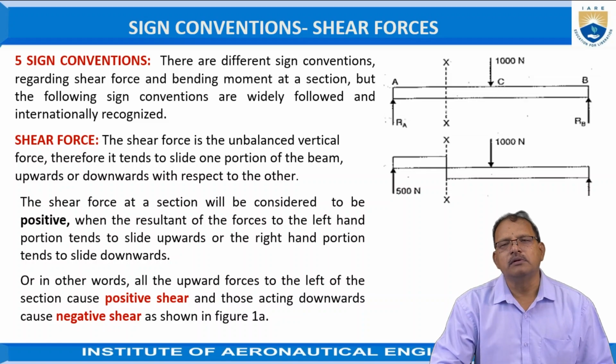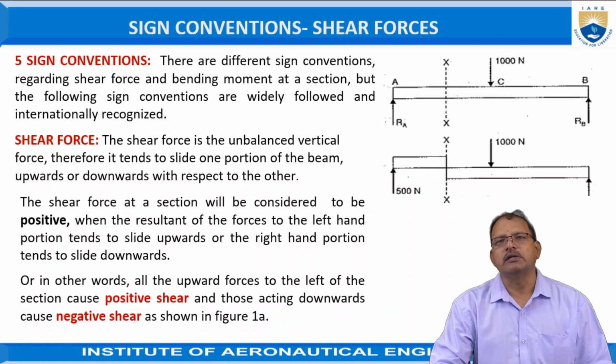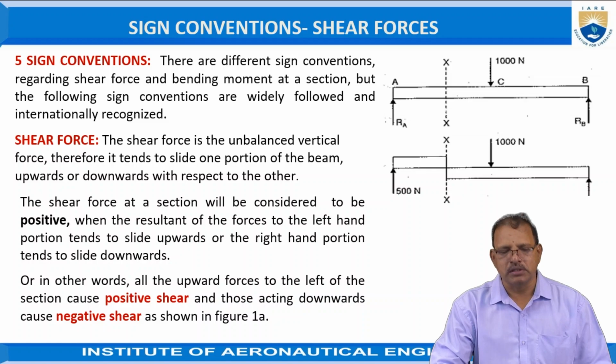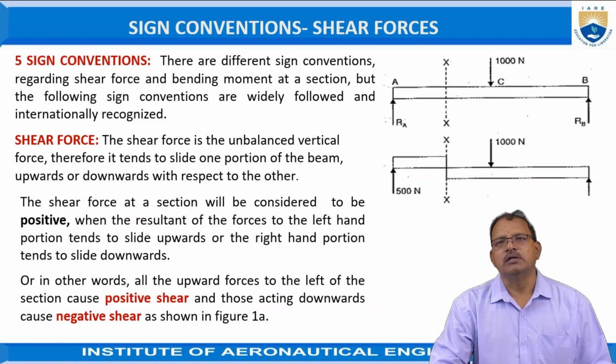At the same time, the bending moment created by the forces also has sign conventions. These sign conventions are important for drawing shear force and bending moment diagrams, or in other words, to determine the magnitude of shear force and bending moment at particular sections, as well as their effects.